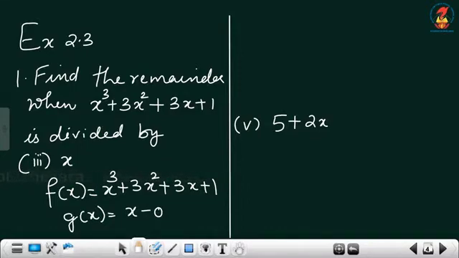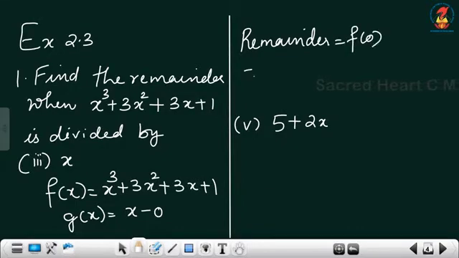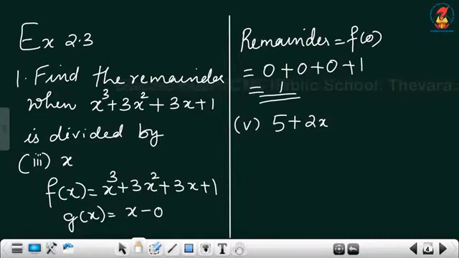So, what you have to find is the remainder. What is the remainder then? f of 0 is the remainder. f of 0 equals 0 plus 0 plus 0 plus 1, which is equal to 1. So, using the remainder theorem, the remainder is f of 0, which we got as 1.